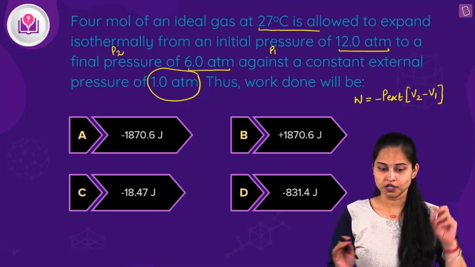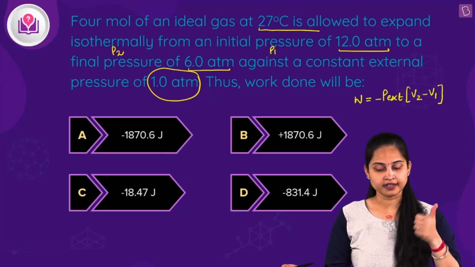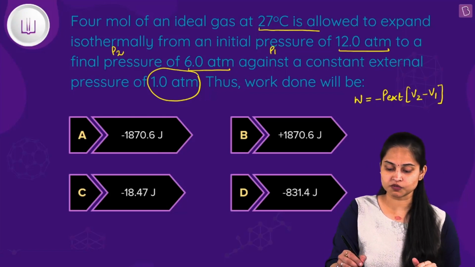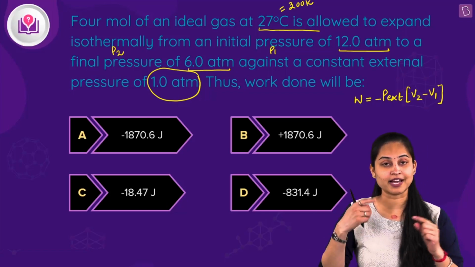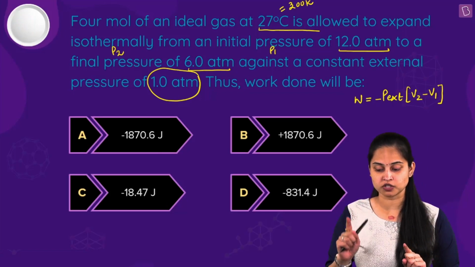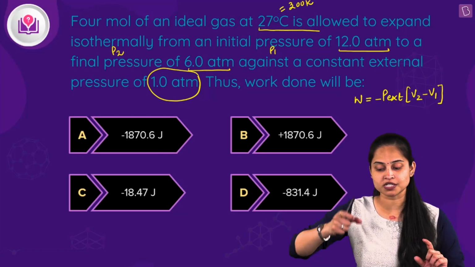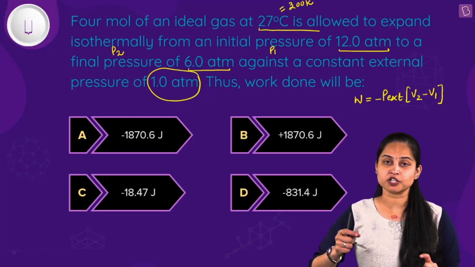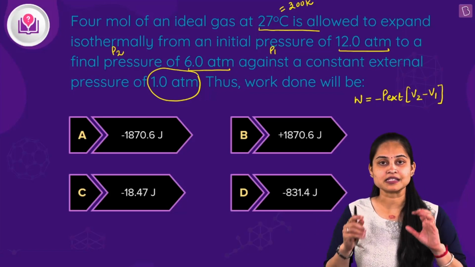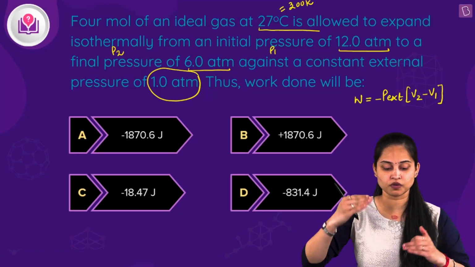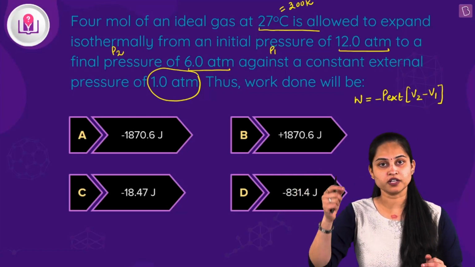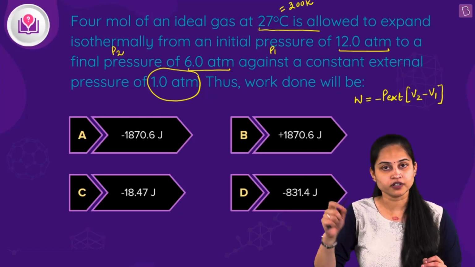Again, read the question. 4 moles of an ideal gas at 27 degrees Celsius, which equals 300 Kelvin, is allowed to expand isothermally from 12 atm to 6 atm against a constant external pressure of 1 atm. The gas is expanded against constant external pressure, so work is done by the system and work is negative.